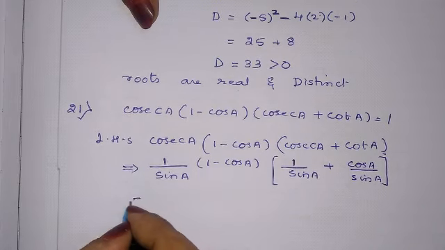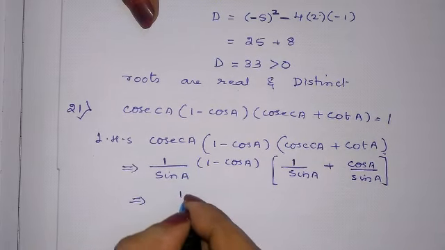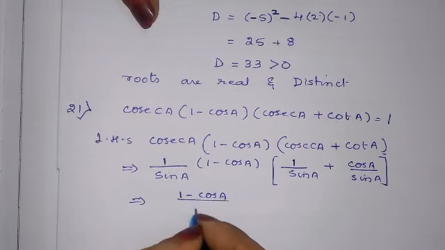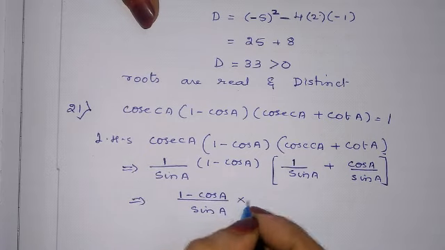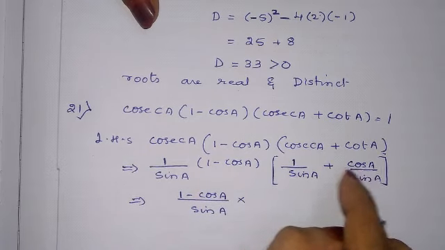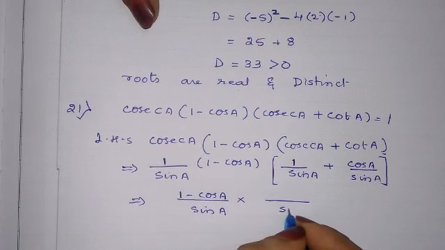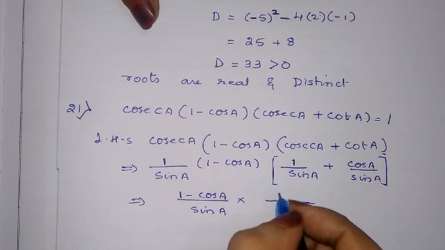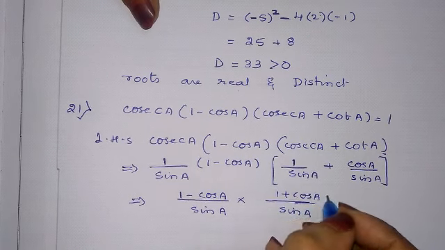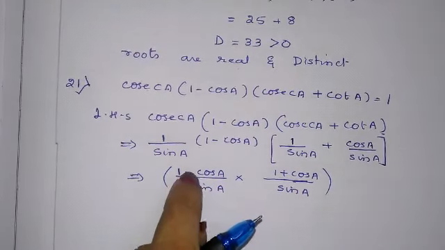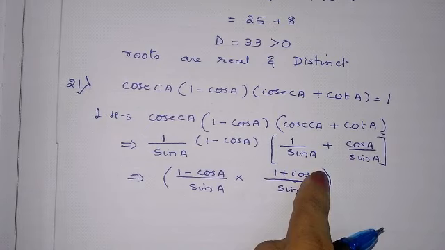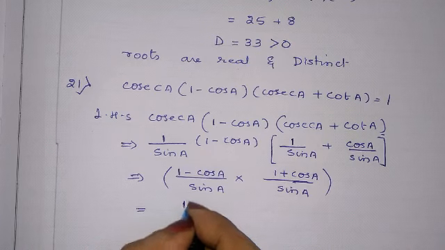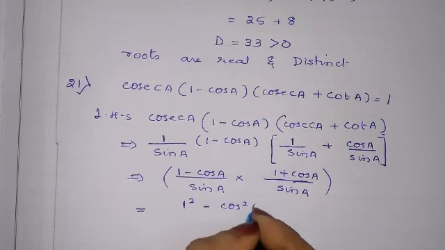Now 1 into 1 minus cos A is 1 minus cos A. We multiply by 1 upon sin A into the denominator, which is the same sin A. I'll write it one time because the denominator is the same, so 1 plus cos A. Now we can see 1 minus cos A into 1 plus cos A, that is (a minus b)(a plus b), which is a square minus b square.